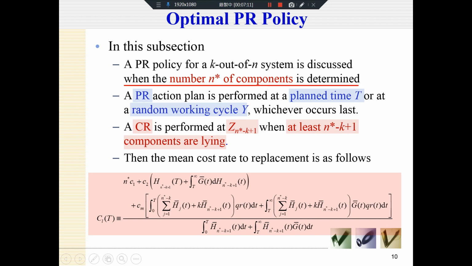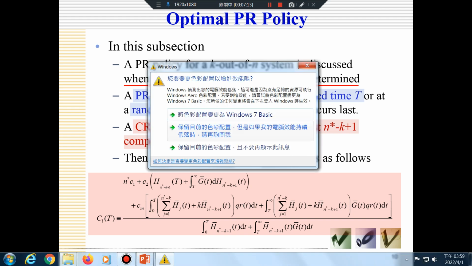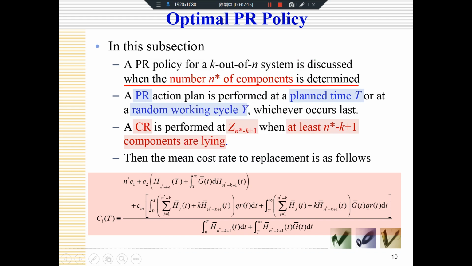CR is performed at Z of N star minus K plus 1, when at least N star minus K plus 1 components are lying idle. Then the mean cost rate to replacement is as the following equation, CL of T. Please refer to it.